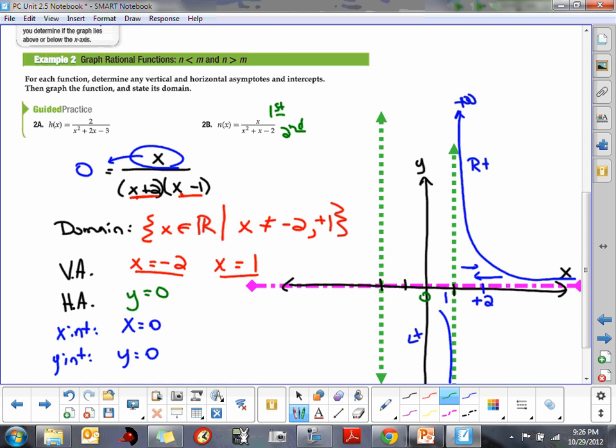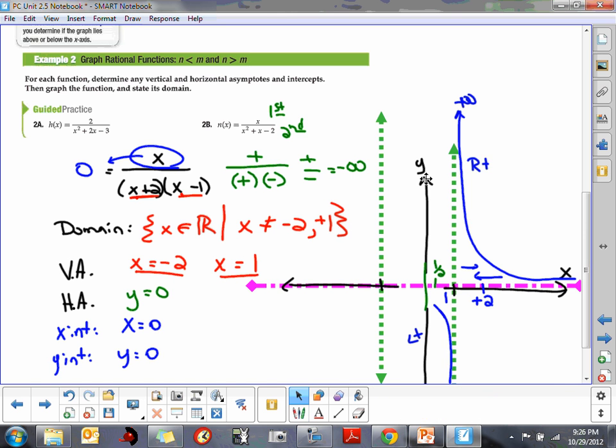Better not pick 0 because that makes it undefined there, so we're going to pick a number like half. It doesn't matter, 1/2. If you put in a half for x, that's a positive half. If you put in a half for x and add 2, it's a positive 2.5. If you put in a half for x, a half minus 1 is a negative. So it's positive divided by a negative, which means we get a negative, and it's coming from negative infinity. So here's our graph coming from negative infinity.